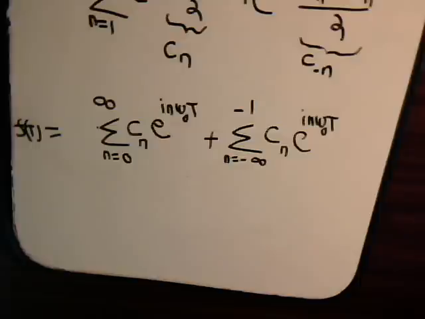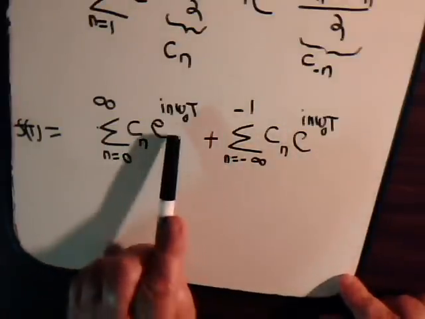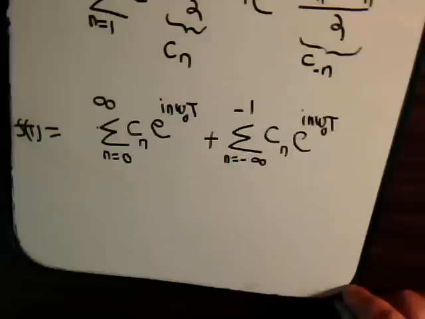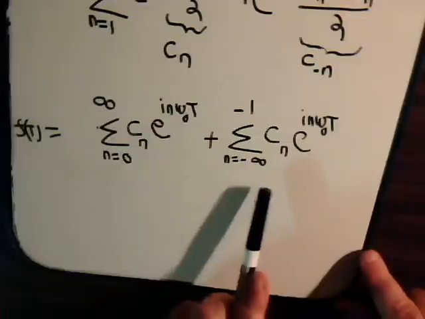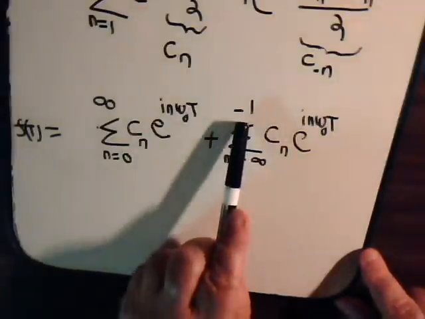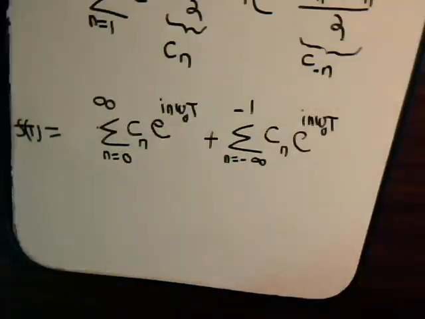Okay, so we have two summations. Both involve c sub n e to the i n omega t. This one goes from minus infinity to minus 1, and then this picks up, going from 0 to infinity.